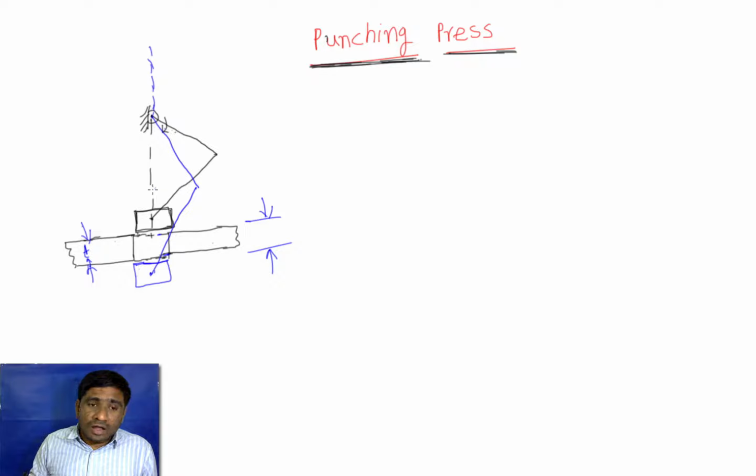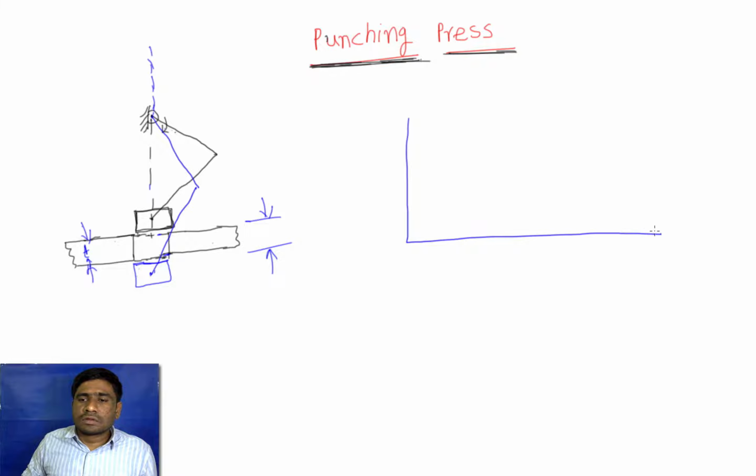And if I draw the torque required by the hole to the crankshaft rotation, so here I would like to draw a graph between torque and theta. Here this torque is not engine torque, don't confuse with here. In the previous session we have mainly dealt with the torque-theta diagram, where T is produced by the fuel burn, but here T is supplied by some motor, and this particular T is torque required to punch the hole.